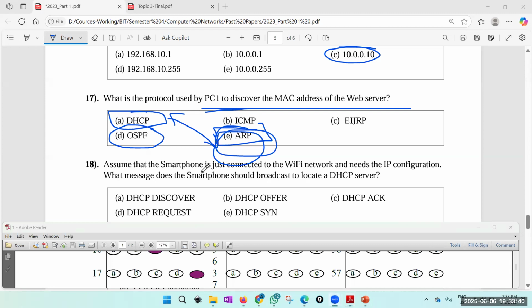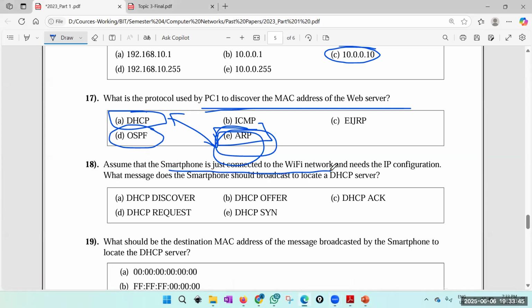Assume that a smartphone is just connected to a Wi-Fi network and needs IP configuration. What message should the smartphone broadcast to locate the DHCP server? We discussed that. To locate the DHCP server, you need to send the discover message. Then you make a request, then you get an offer, and then you need to acknowledge.